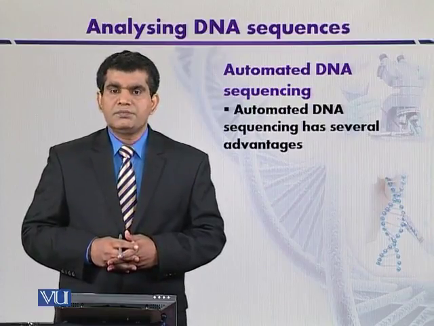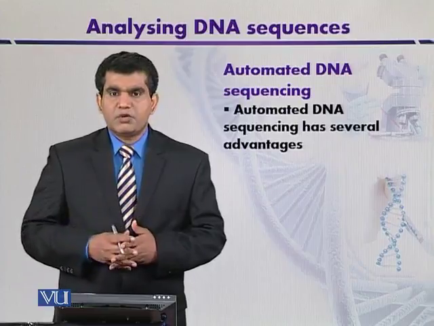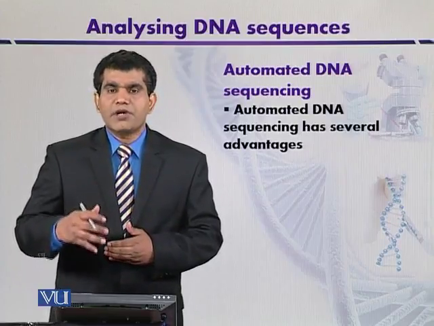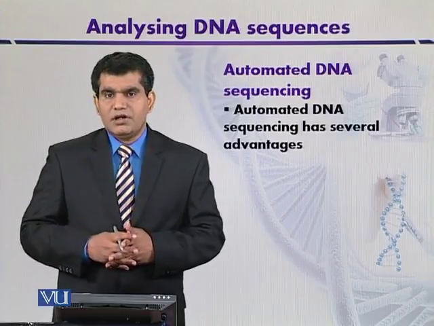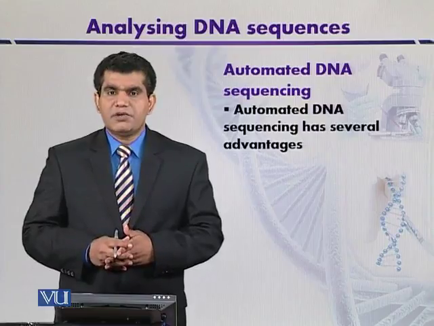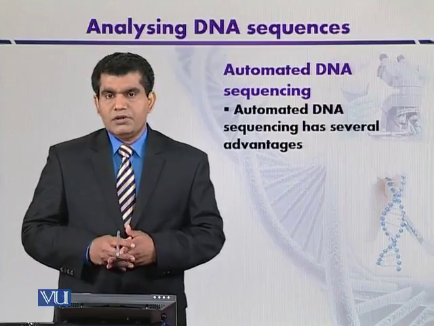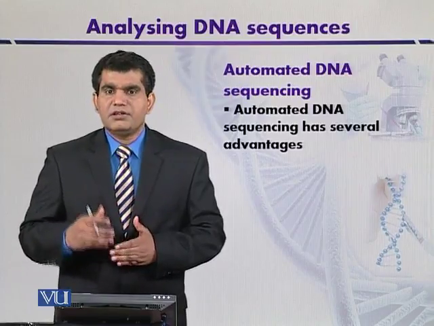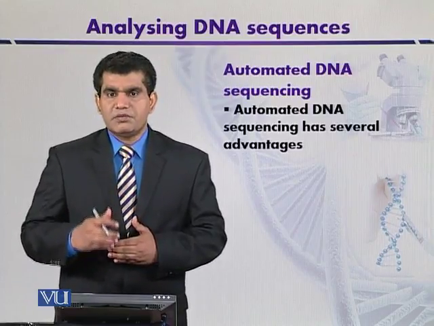So here one can face the problem that the sequence may be read incorrectly. This is one of the disadvantages of manual sequencing, but in automated sequencing it is not a problem because there is a machine or detector that can read the sequencing.